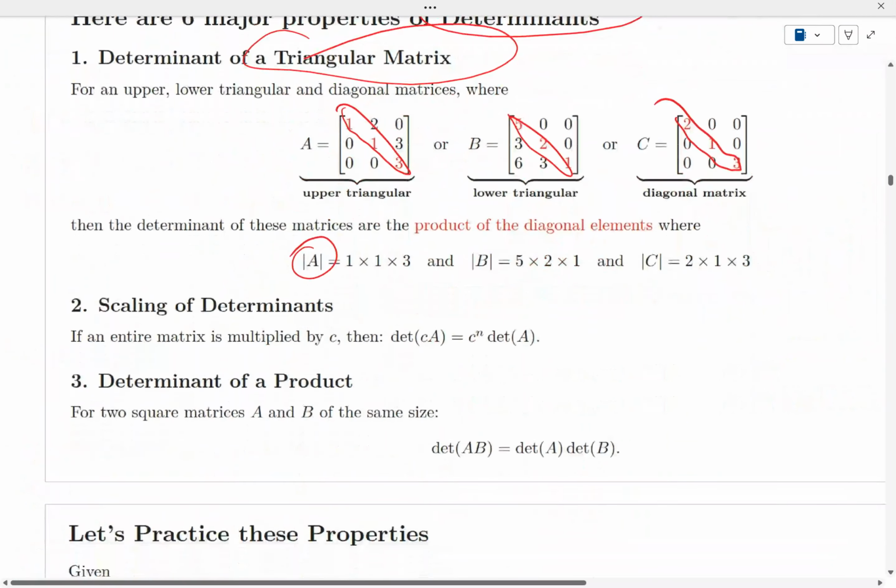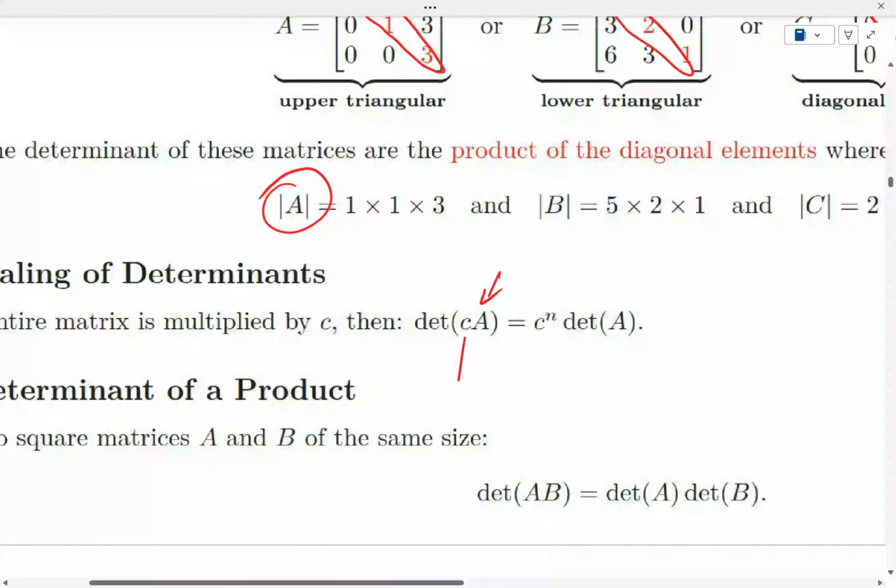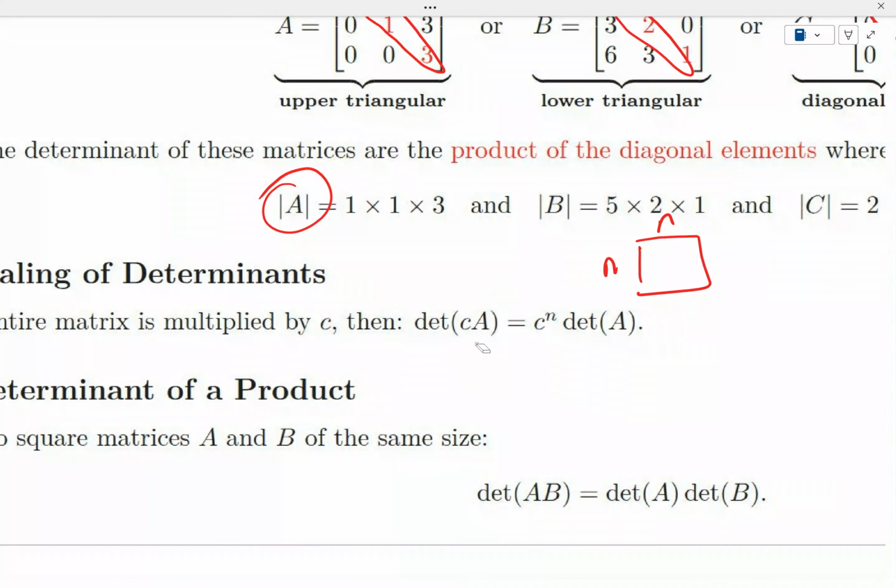All right, so another interesting fact is if we have a matrix, and if we multiply a number c by the matrix, let's say the matrix is n by n, right? Then this is equivalent to pulling the c out and taking the nth power. So you can't just pull it out.